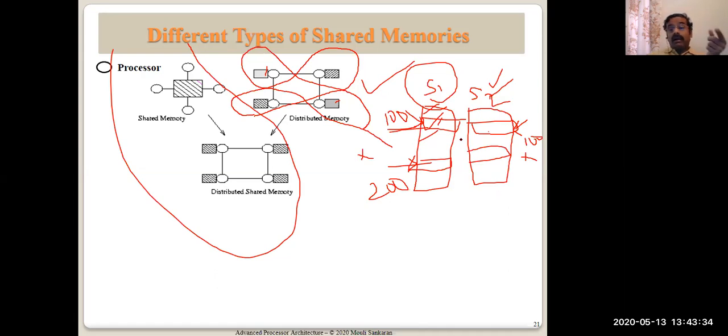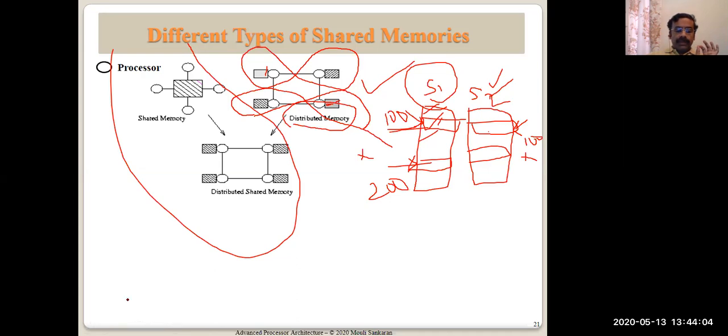And on top of that, whether that memory is directly connected or a little away, the access time will be different. So there is another complication here: whether it is the same address space or different, and whether it is directly connected or a little away, the access time will be different. So that is called distributed memory.